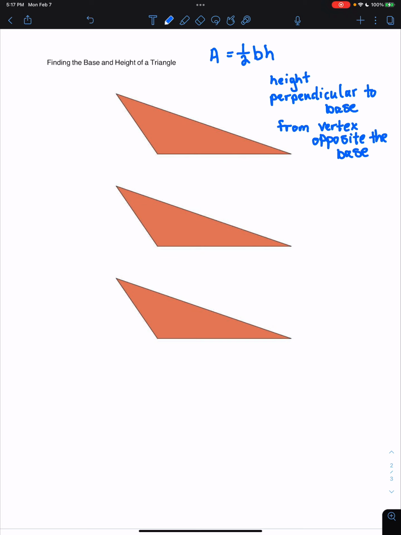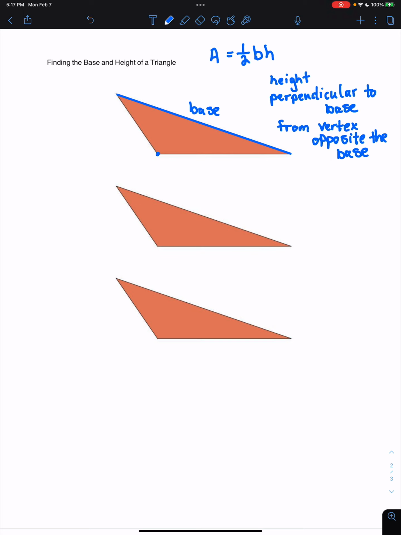So let's first identify our base. I'm going to start with this side of the triangle as my base. So that is my base. I could have chosen any side, but that's what I'm going to choose. So the vertex that is opposite that base is that point.